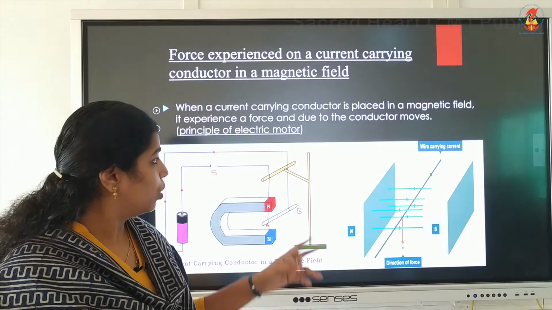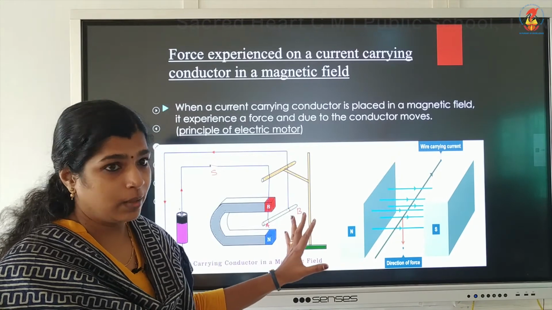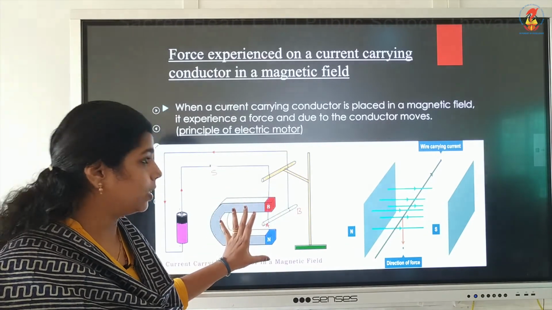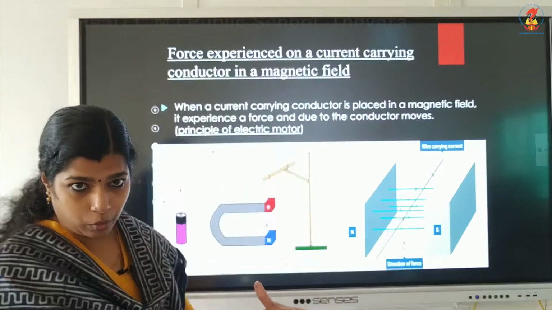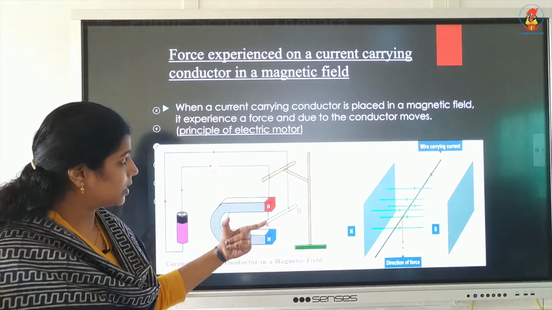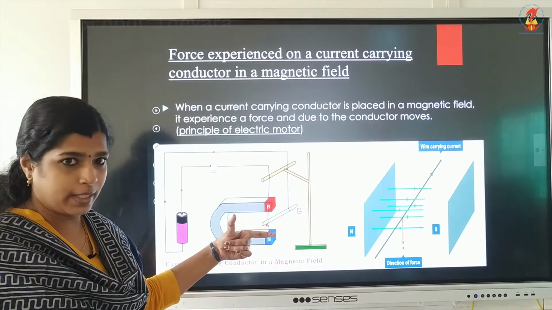So, here the experimental setup is like this. You have to consider a horseshoe magnet and an aluminium rod. You have to hang this aluminium rod with the help of a stand, or we need to give a support.